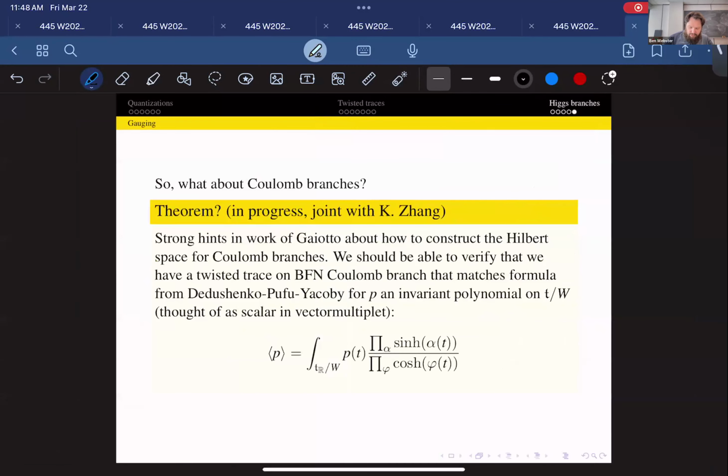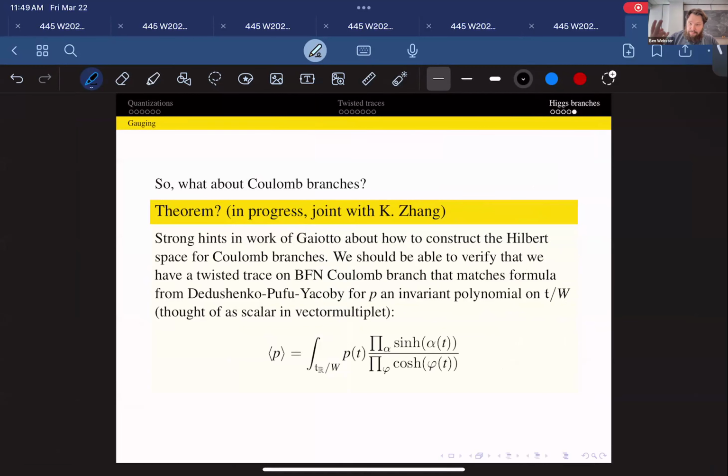know is supposed to work for the Coulomb branch, which at least I found in a paper of Dedushenko, Pufu, and Yacoby, where you do this integral over the Cartan of your operator in your Coulomb branch. This only works for the scalars, but somehow those are the only interesting guys you'd expect to have a trace.